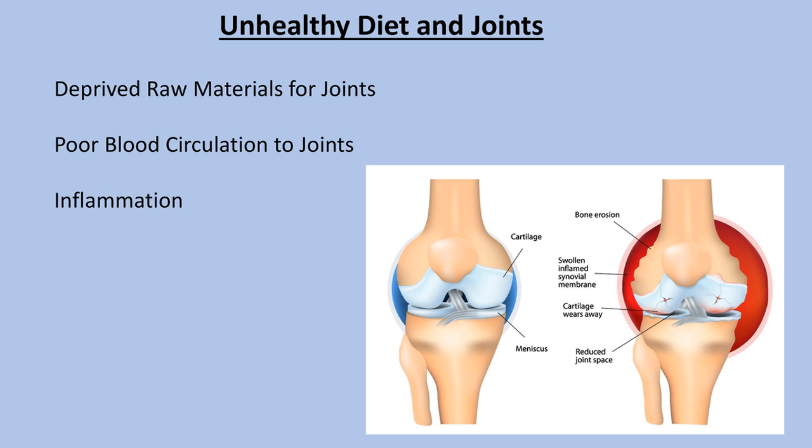But there are other reasons that your joints may be injured due to unhealthy diets. The first of all is malnutrition. You see, malnutrition from Western diets deprives the bones and joints of the raw material they need to become strong enough to resist normal wear and tear of daily activities.